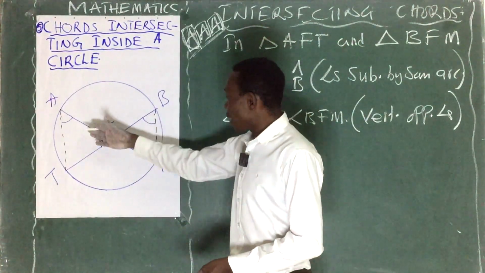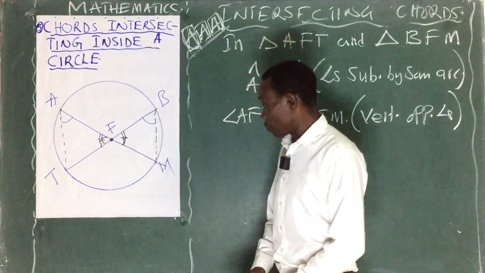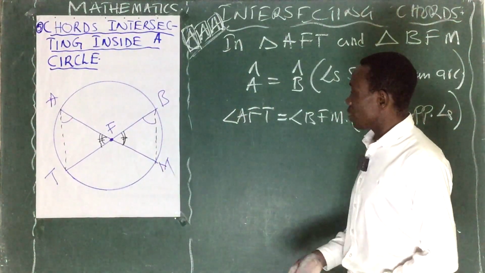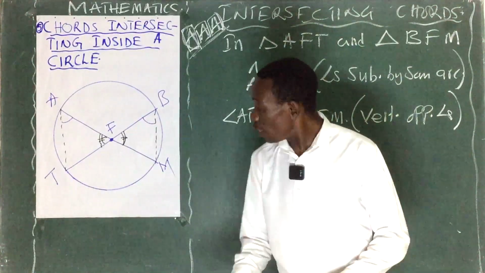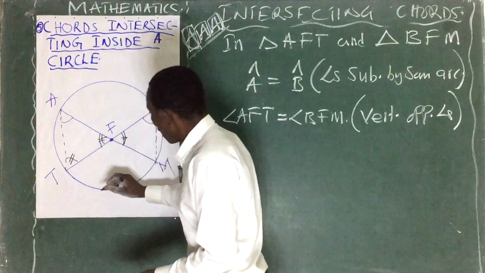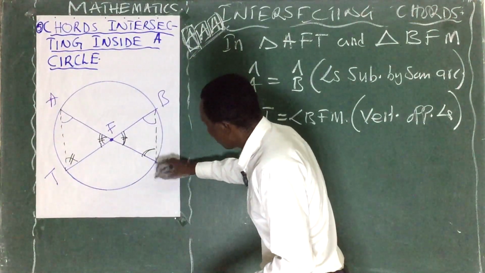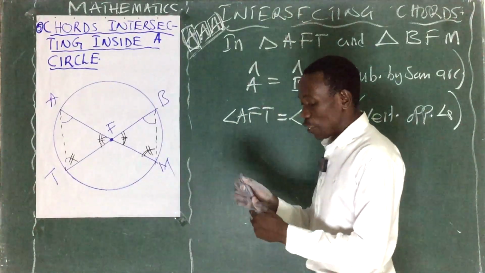If two angles are equal, the third angle must be equal. But anyway, we can still work it out separately: the remaining angle T and angle M in the other triangle are equal.